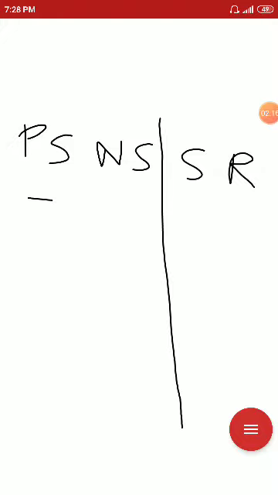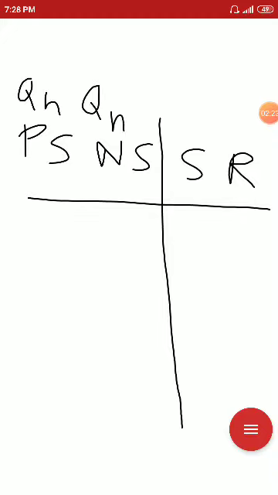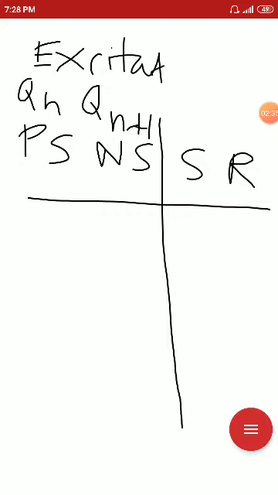Given the present state and next state, we have to find what are the inputs to S and R. This is how we are deriving the inputs. If the present state is denoted as Qn and the next state as Qn+1, from that you have to find the inputs. Such a table is called the excitation table.